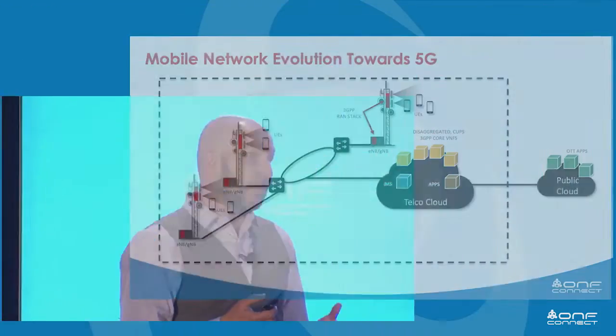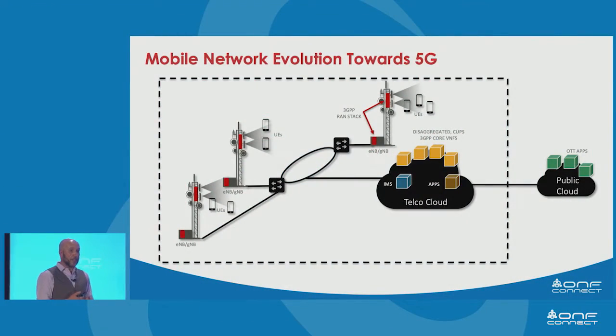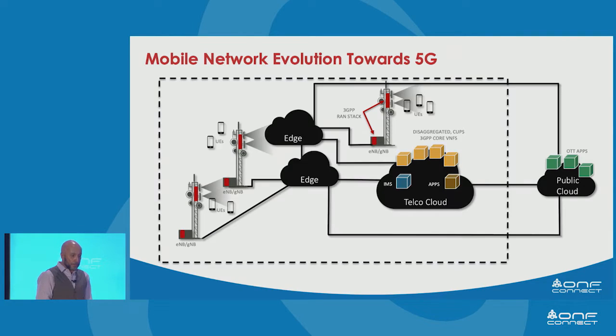To a large extent, most of the operators that you see here have gone through virtualizing their mobile cores. These increasingly are now being hosted at what we would call telco clouds. And along with these cores, you would have telco applications being hosted there as well. But the next phase of this transformation is going to actually extend the reach of the telco cloud towards the edge.